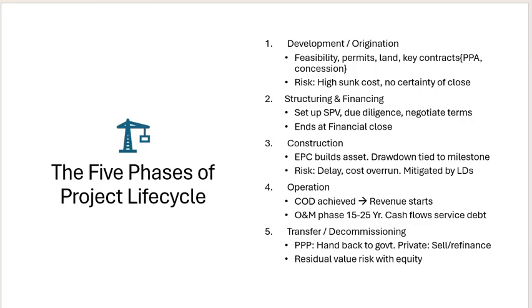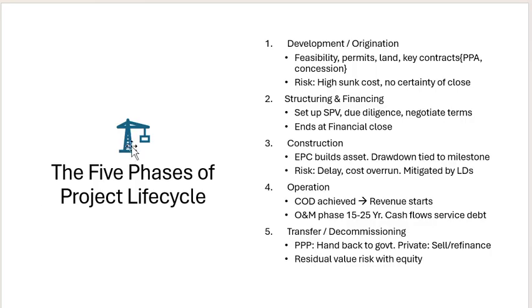The risks are high sunk cost and no certainty of clauses, so reading and understanding the assumptions is important. Then structuring and financing: set up the special purpose vehicle, the SPV, due diligence, and negotiation of terms and financial clauses, and how that will work.